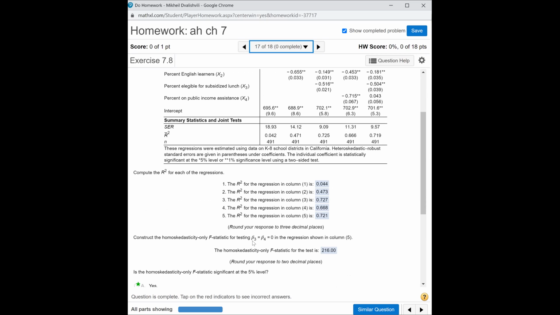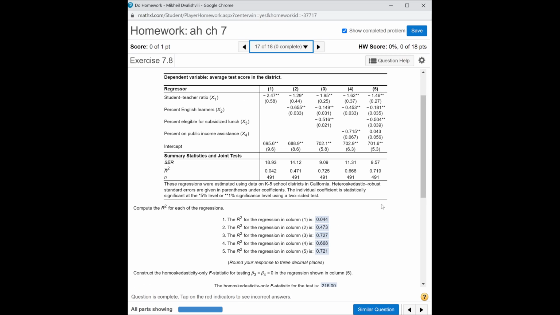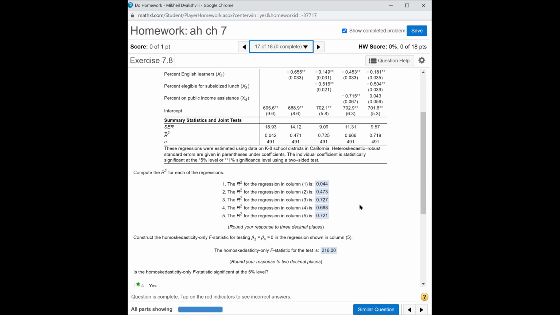You are testing this hypothesis, right? And that means you have to look at the one that doesn't have beta 3, beta 4. So it is column 2. Because it doesn't have beta 3 and beta 4. That's correct.